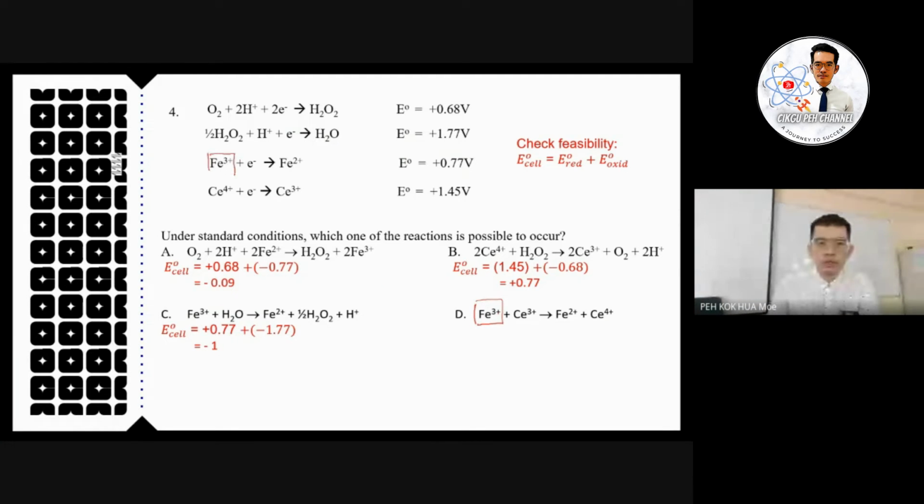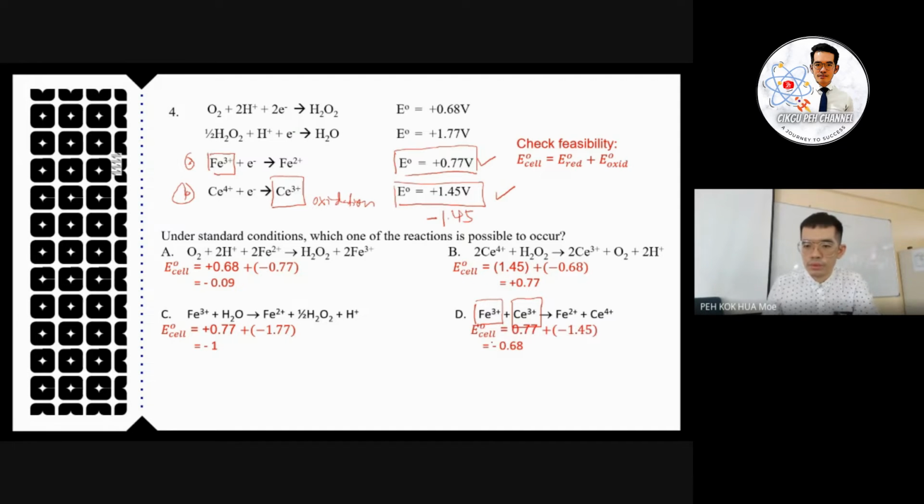So this will be the third equation with the reactant Fe3+ undergoing reduction reaction here, so the E0 value here will be positive 0.771. And the other reactant Ce3+ will be in this equation, which undergoes oxidation reaction here, so the E0 value will be negative 1.45. So we add these two values, and we get the E cell value as negative 0.68.